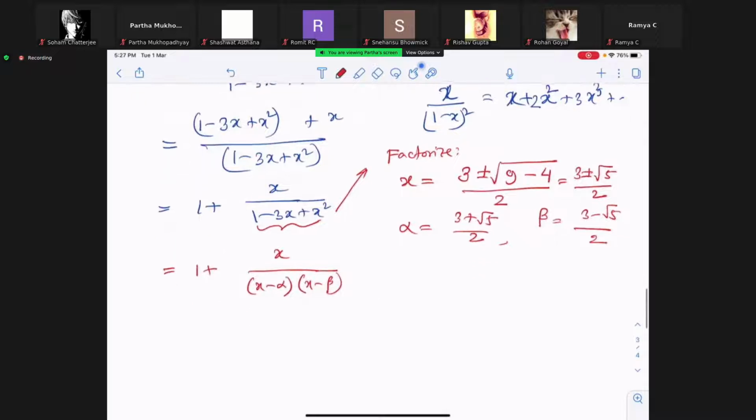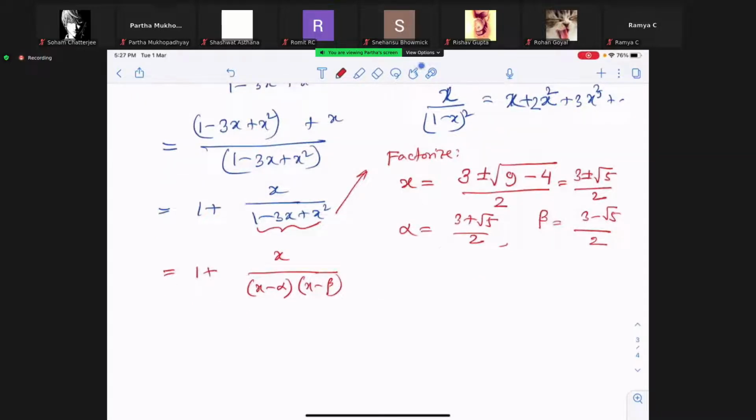Now, what shall we do? Just put x minus beta. Let me multiply it alpha minus x minus. So how much you get? Alpha x minus beta x, and minus alpha beta plus alpha beta get cancelled.